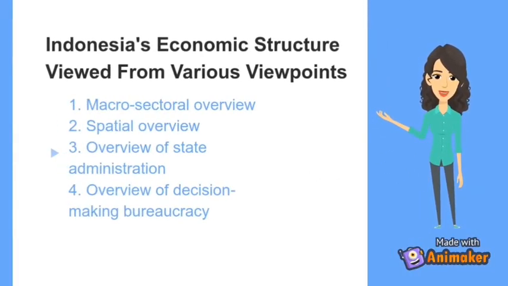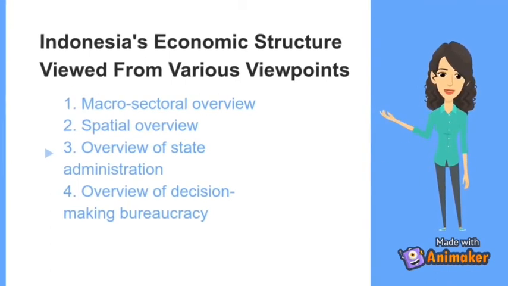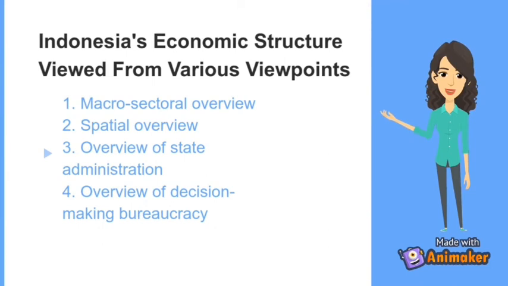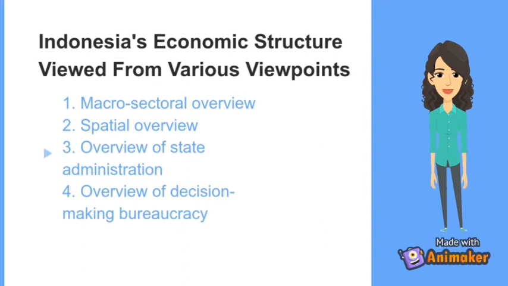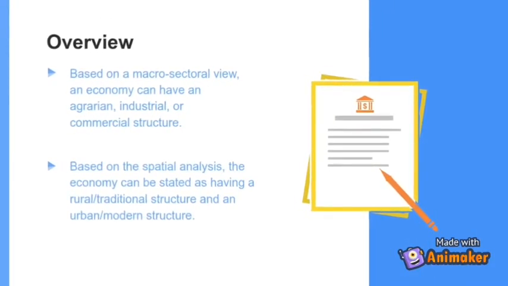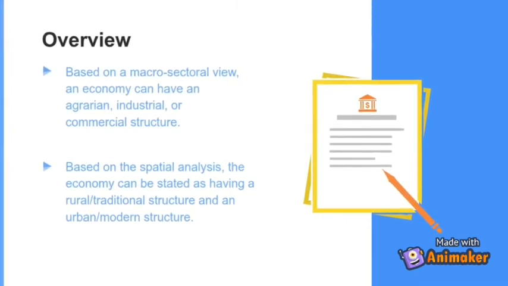Indonesia's economic structure viewed from various viewpoints. 1. Macro-sectoral overview. 2. Spatial overview. 3. Overview of state administration. 4. Overview of decision-making bureaucracy. Based on a macro-sectoral view, an economy can have an agrarian, industrial, or commercial structure.